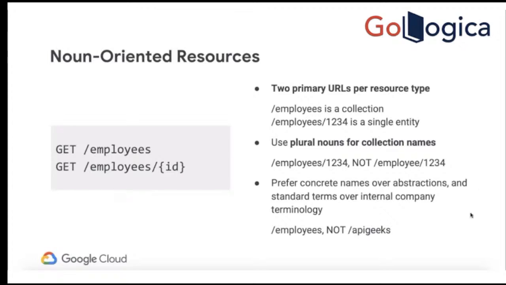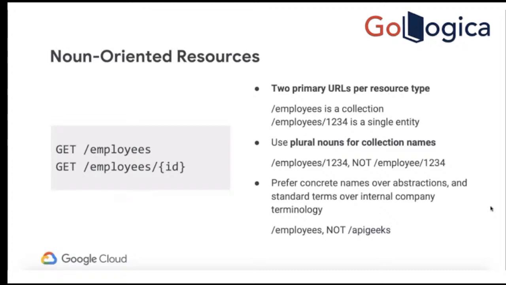So in REST, we prefer concrete names over abstraction, and we should prefer standard names over any internal company terms. For example, if you are giving a list of employees, anyone who is going to consume your resource might not be familiar with the internal company terminologies, so you should use the generic terms, which are standard terms.